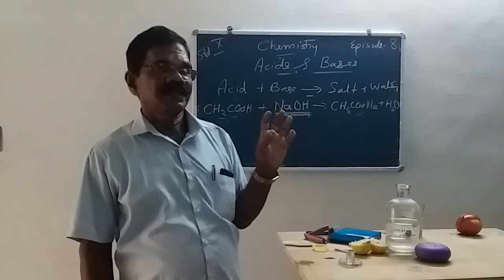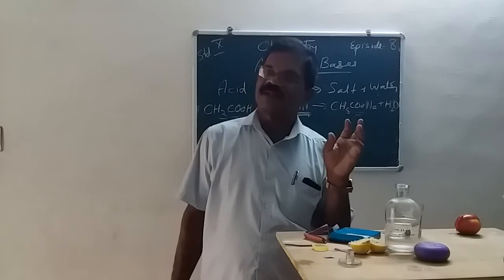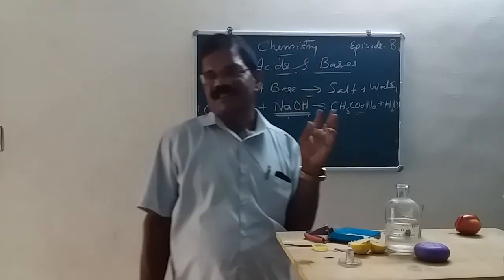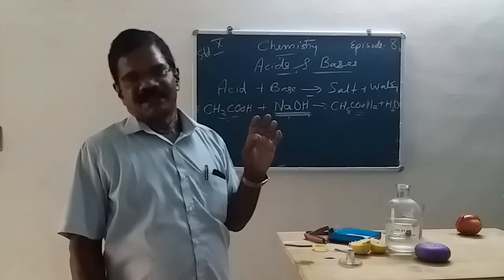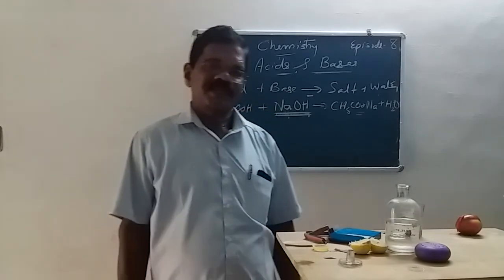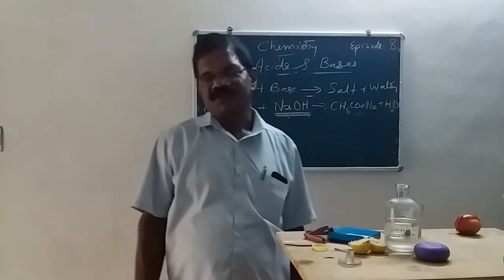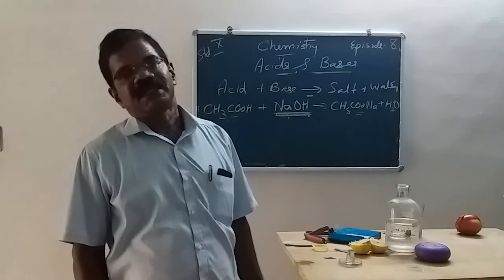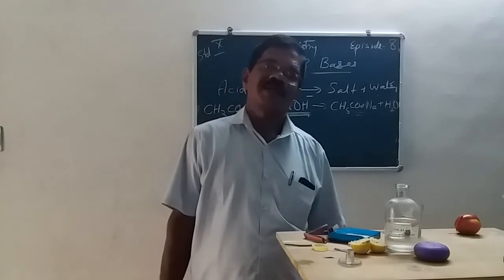Certain foods have a special, peculiar taste, whether sour, bitter or sweet. You have to know the reason for that taste. Sweet taste is not due to acids or bases; there are certain other substances present in it. So you must have clear and thorough knowledge about acids and bases.